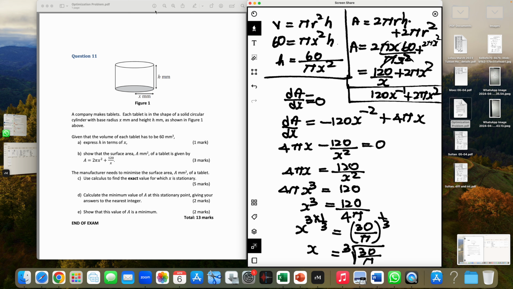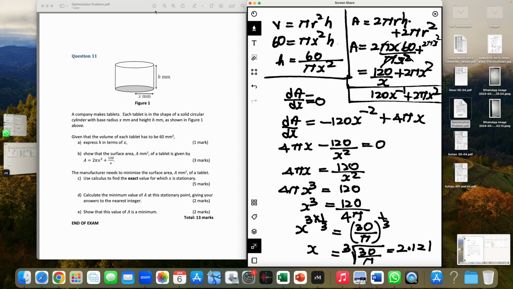What will the value be? One minute, use the calculator. Find out 30 divided by pi, answer power 1 divided by 3. So x is equal to 2.121. Okay.